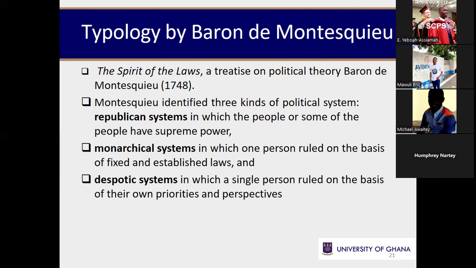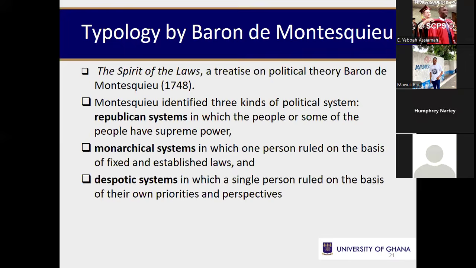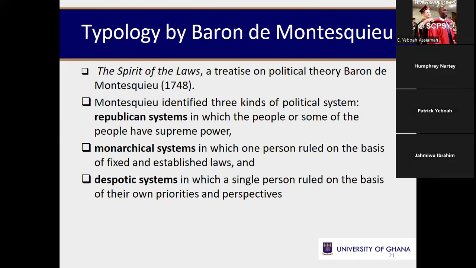Now, Baron de Montesquieu came up with another comparative work, and he observed that there are 3 forms of government. You could have a state where the people or some of the people have supreme power, and he calls those states republican systems.